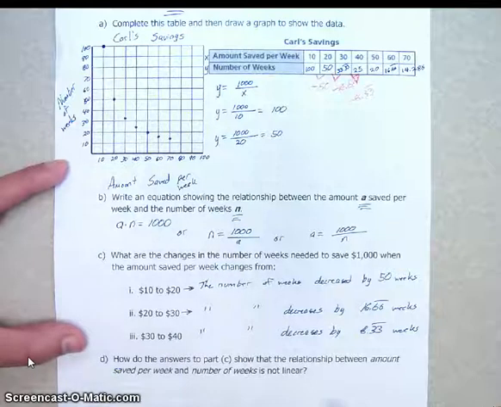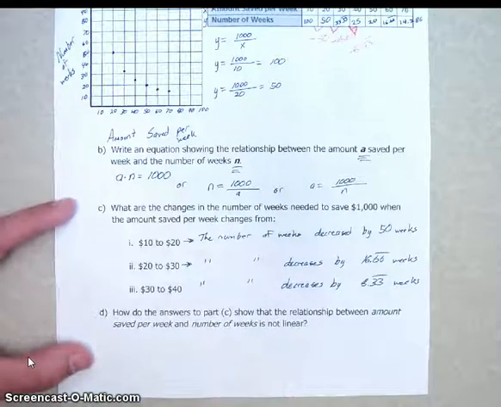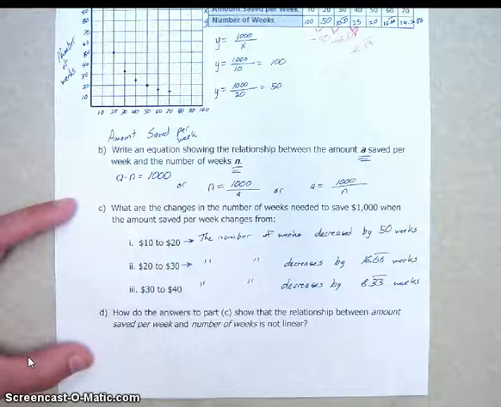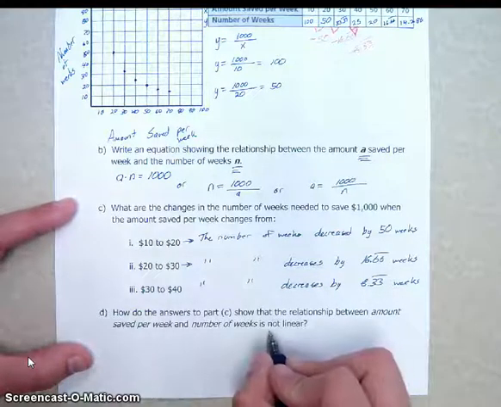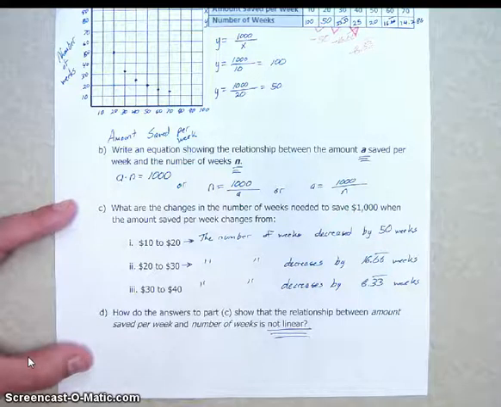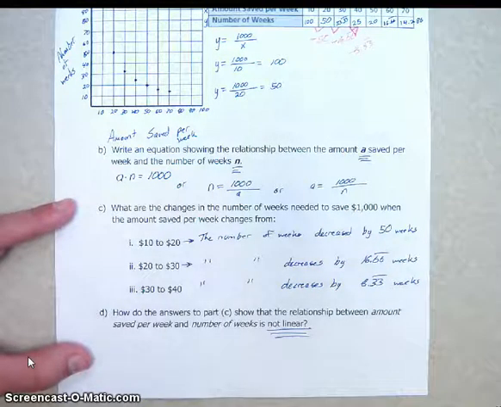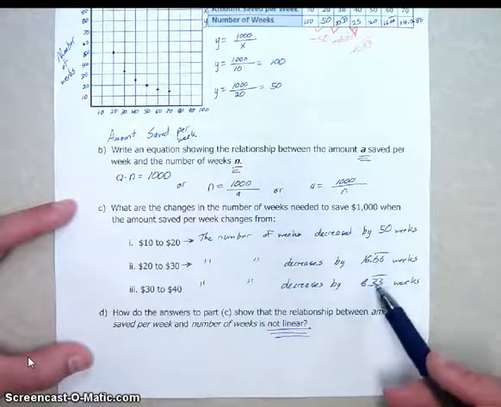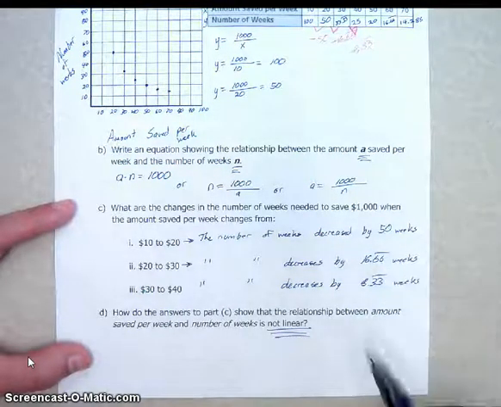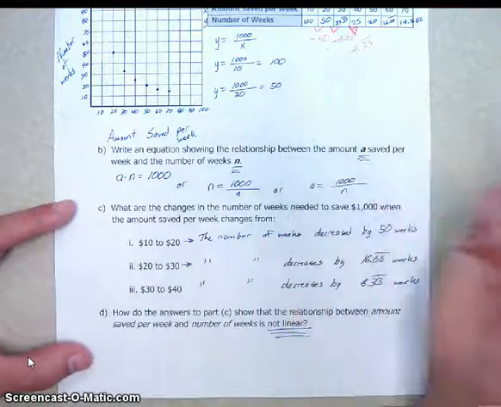Now this question ties into question D. Question D says, how do the answers to part C show that the relationship between the amount saved per week and the number of weeks is not linear? It's simple when you look at it. If this was linear, it would have a slope, a constant rate of change. And as I look at my numbers here, it's not decreasing by the same amount. If it is linear, you should have a constant rate or a constant slope.